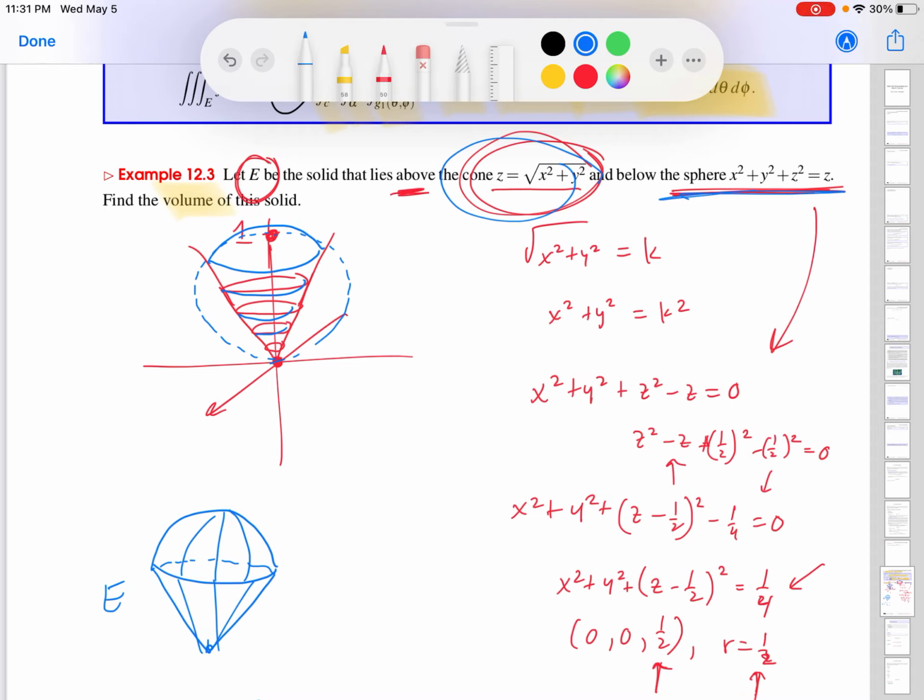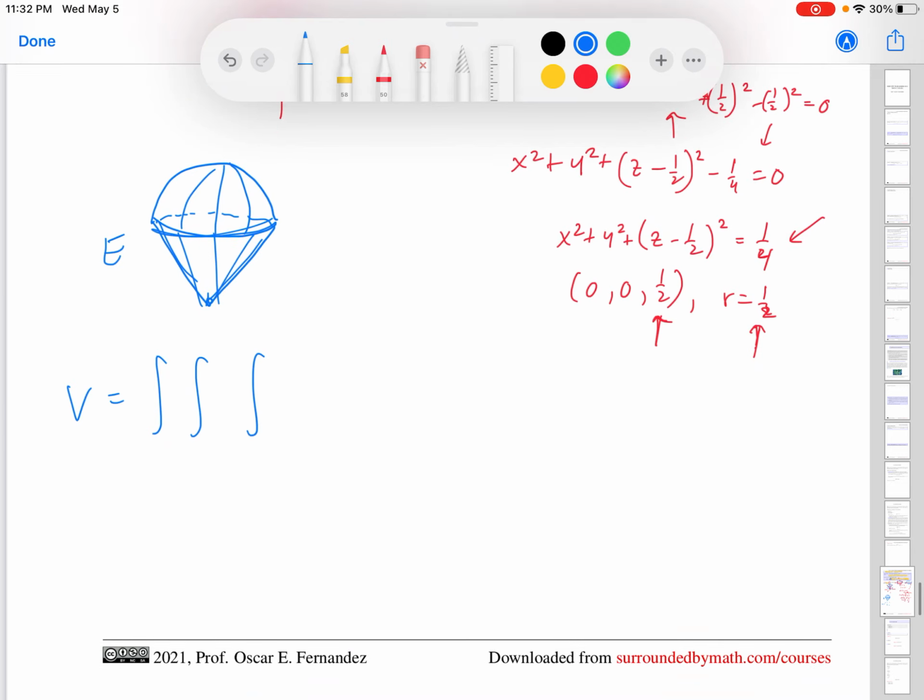That is the surface we're integrating under to get our volume. Our bounds are determined in part by this cone. So the integrand for us is going to be the spherical coordinates version of this sphere.